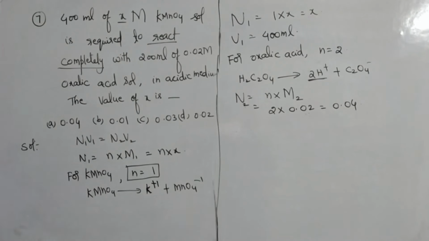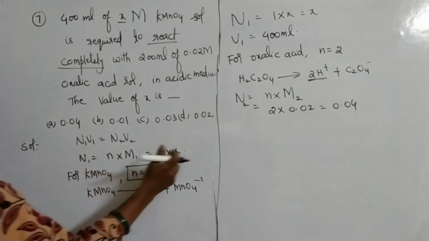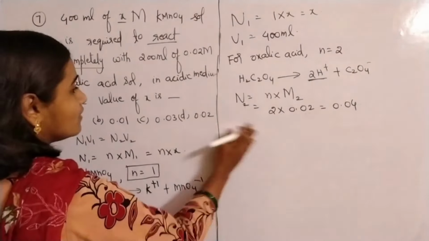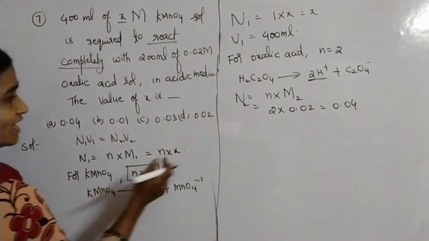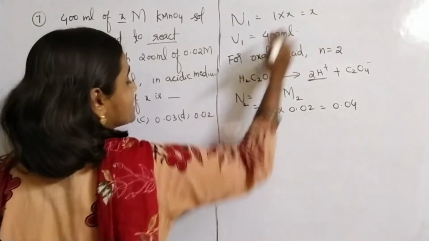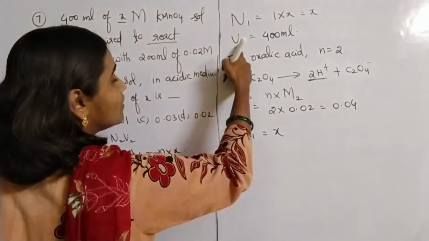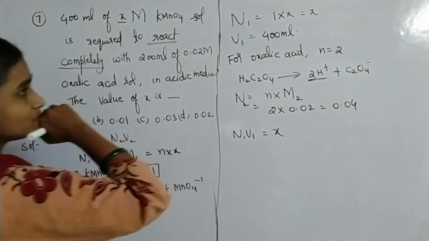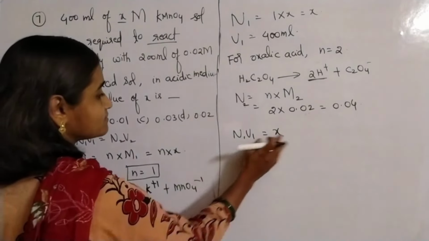So what will be the value of x now? Okay, he is asking for x. Here n1 v1 is equal to n2 v2, no? For KMnO4, n value is x.